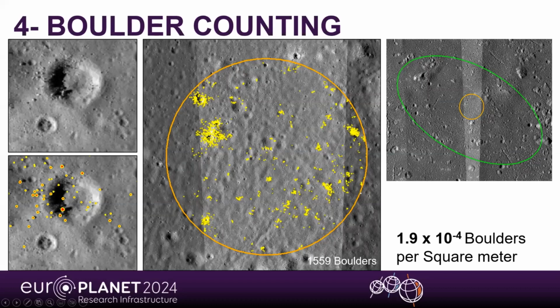We calculated 1.9 times 10 to the minus 4 boulders per square meter. So basically it was a pretty safe area. You see in this picture we have a lot of boulders. We just mapped every single boulder, and then made the estimation in the end.